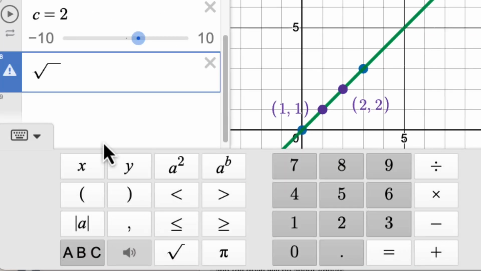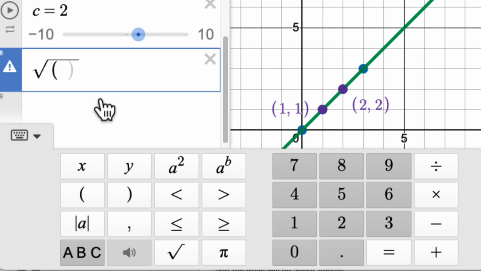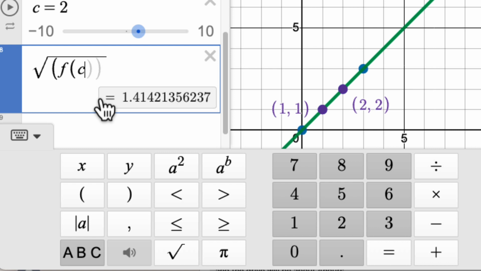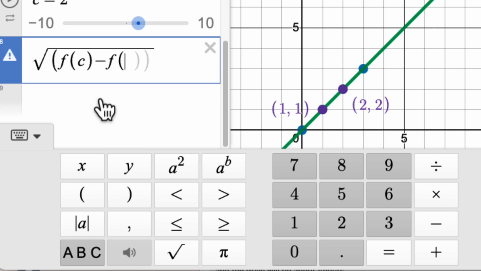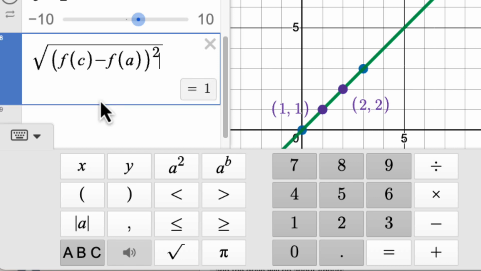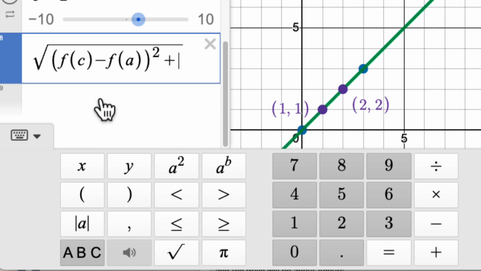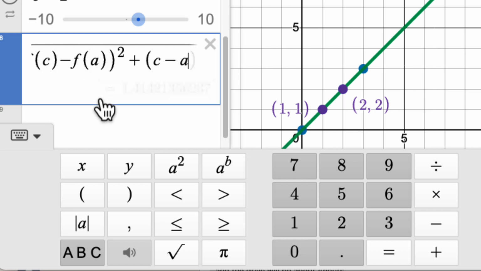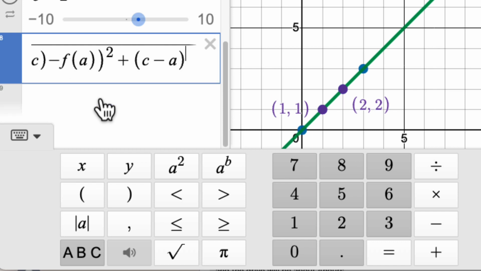The square root of f of c minus f of a quantity squared plus c minus a quantity squared.